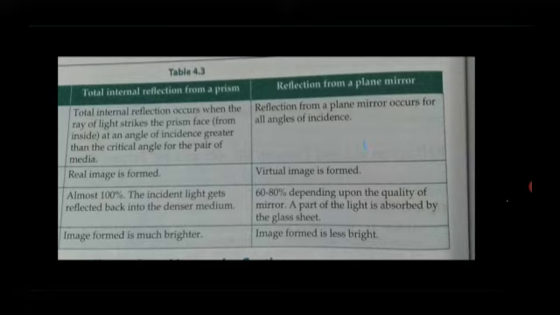This occurs for all angles of incidence, and this occurs only when i is greater than C. A real image is formed in this case, and here a virtual image is formed.